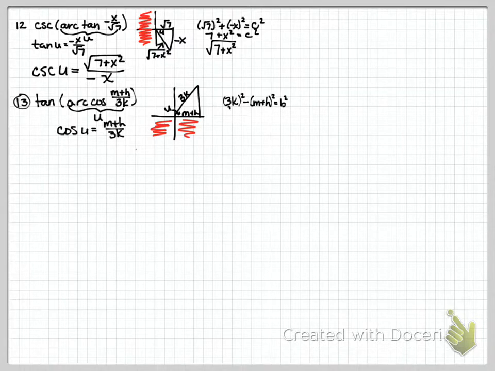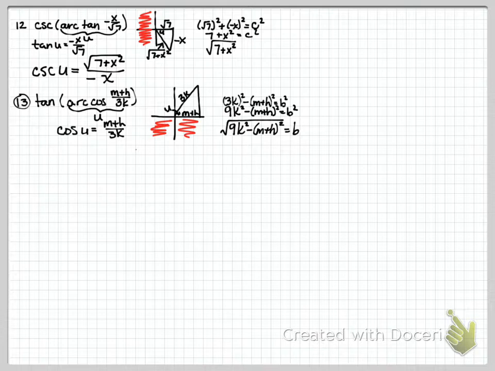So this is going to be 9k squared minus m plus h squared equals b squared. Now you're probably thinking, well, you didn't multiply out the m plus h squared. Don't do it. You're just going to give yourself a lot more work to do. Square root the whole thing, and you're going to be fine if you do that. You're not going to get marked down. And you get the square root of 9k squared minus m plus h squared equals b. Otherwise you get just this nasty looking thing.